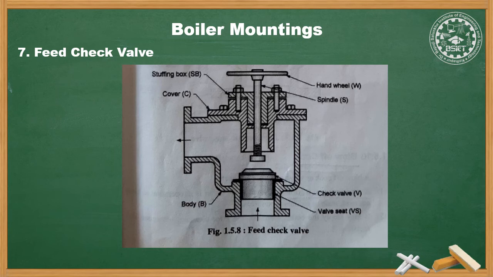Basically, the feed check valve is a simple type of tap which allows the water to move only in one direction and stops the water from flowing backwards, and the water can be adjusted as per the need of the operator.